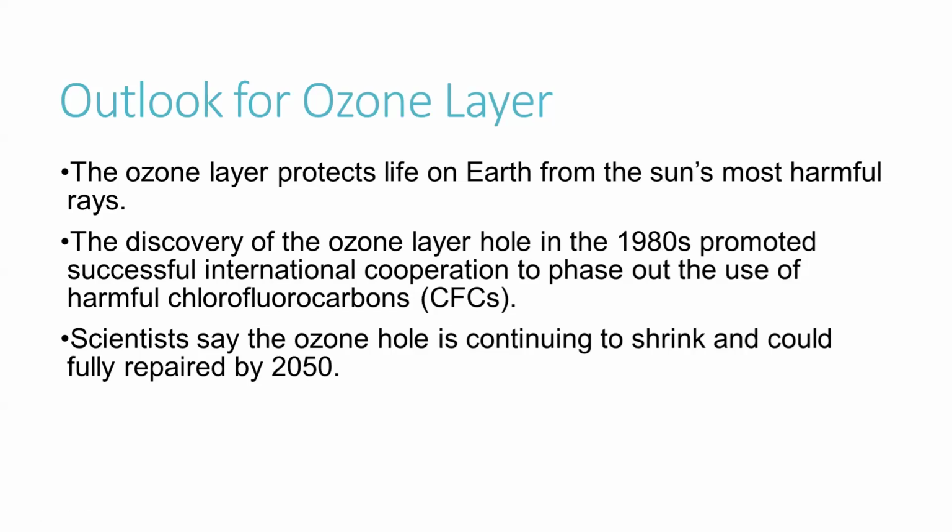A depleted ozone layer cannot protect us from UV radiation. Ultraviolet radiation is increased due to this. Now, the only achievement is that banning of CFCs has produced some results, and scientists say that the ozone hole is now continuing to shrink.